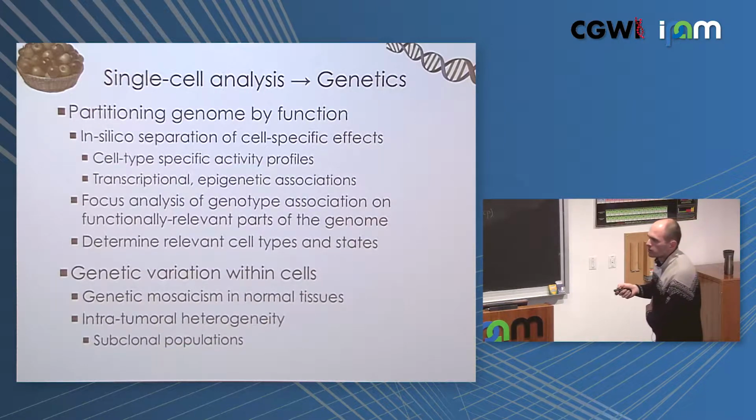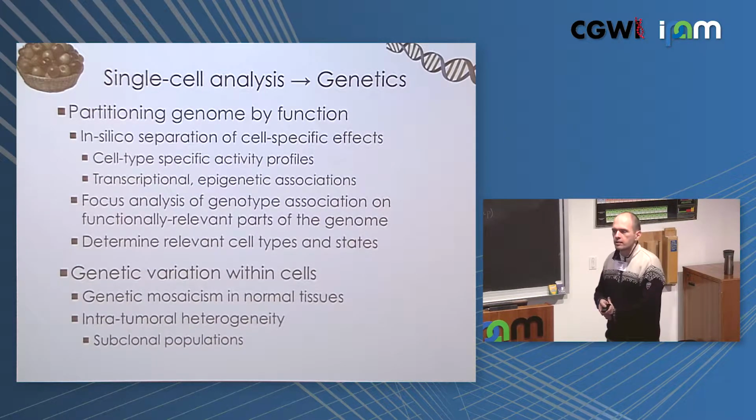The other thing you can do is look for genetic variation within cells. These are a little bit harder to do. We heard yesterday about genetic mosaicism in normal tissues, and if you're measuring actual genes, if you're getting some sense of the sequence, you can start looking at that. These are typically rare events, and so they will be hard to detect within the noise.